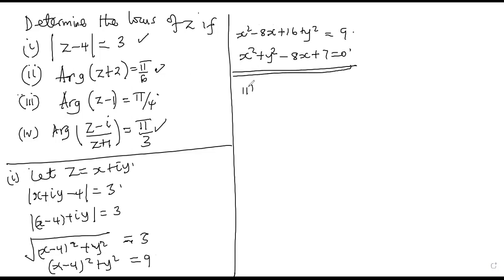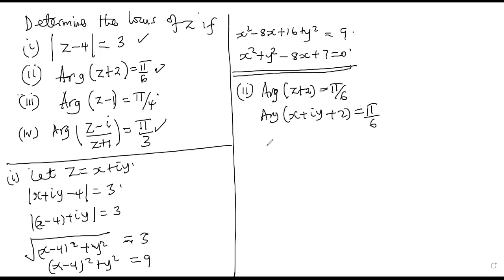For 2, I've said that argument of z plus 2 is pi over 6. Well, so it means that our argument of x plus iy, then plus 2, is equal to pi over 6.